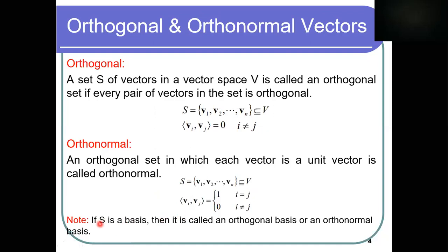There is a very good result: if S is a basis, that is, the vectors in S are linearly independent as well as spanning the whole space, then S is called an orthogonal or orthonormal basis if S consists of basis elements.